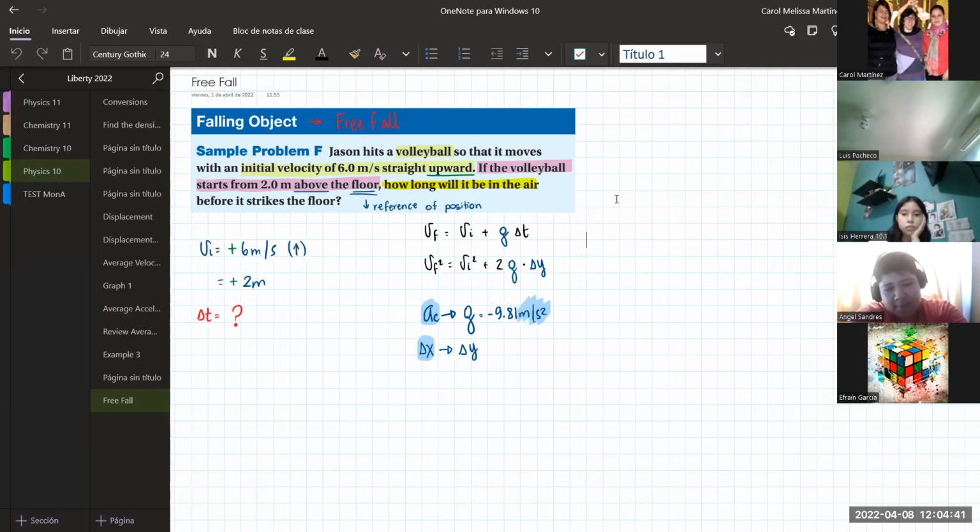Is it velocity, acceleration, position or displacement? Position. Displacement. Okay, displacement, position. But as I told you already, in falling objects the displacement is going to be written as delta y. Why? Because the objects are moving vertically. So in this case, the change in position is going to be on the y-axis.